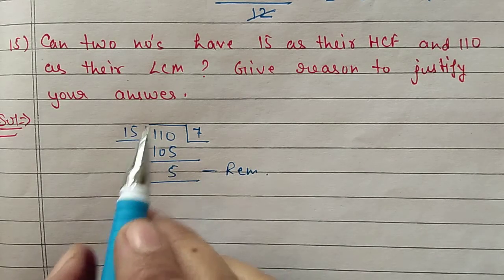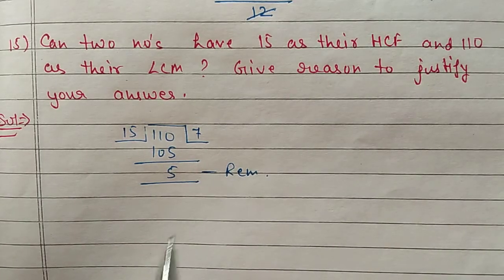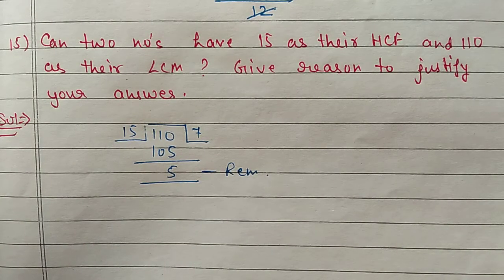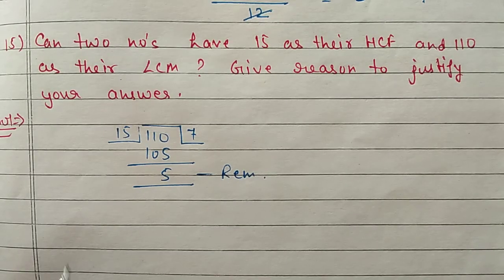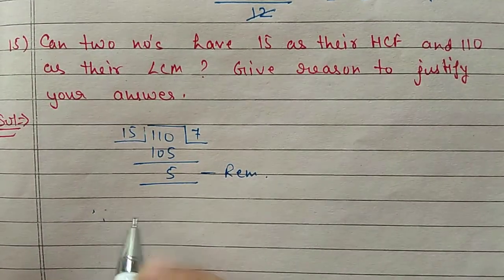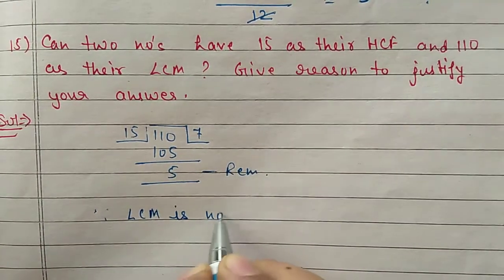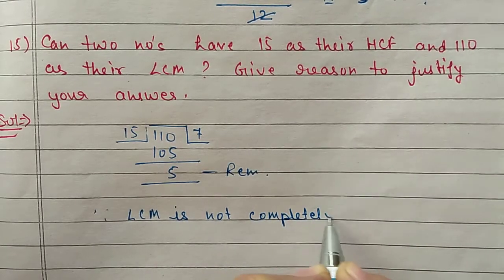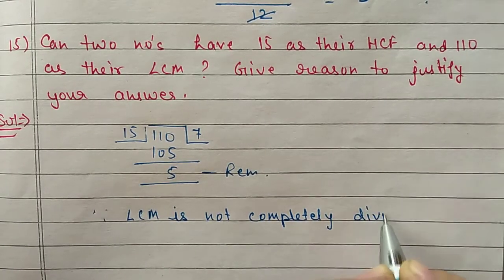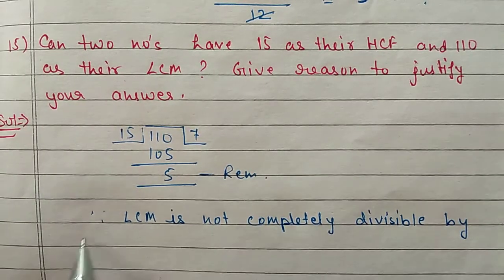It means these two numbers cannot be the LCM and HCF of two numbers. So the reason is that the LCM is not completely divisible by the HCF.